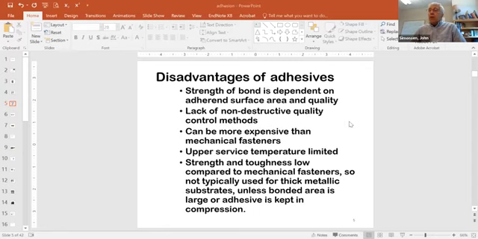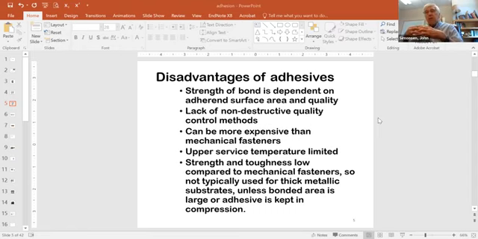And a big problem with glue is there's very much a lack of non-destructive quality control methods. Now there are some, right? You can do testing as long as you can bend it, and they do this in, for example, a plywood mill.